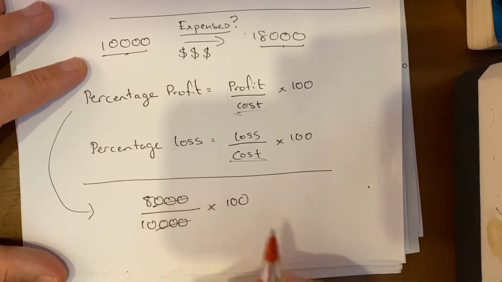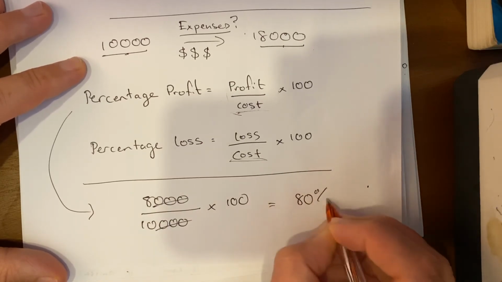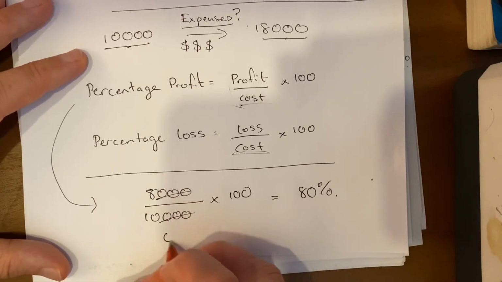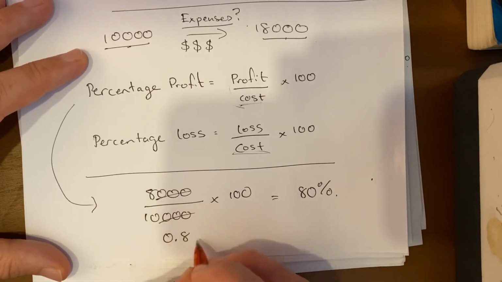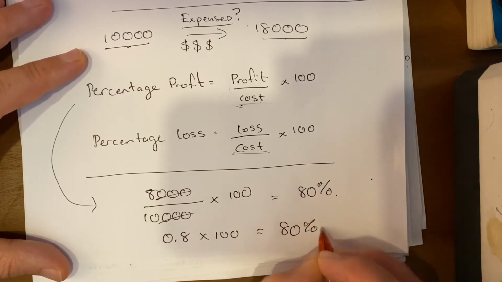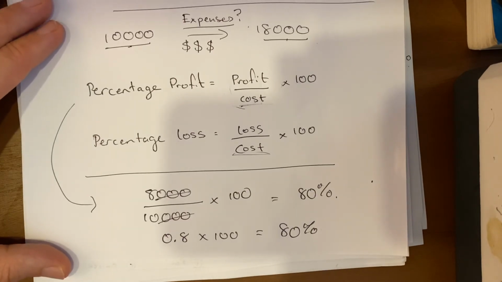Well, 8 over 10, as a percentage, we'd probably work out straight away as 80%. Now, if you wanted to do it in your calculator, you would do 8,000 divided by 10,000. That would give you 0.8, and then multiply that answer by 100, and you will also get 80%. So hopefully you can do it in your head with an example as simple as this.